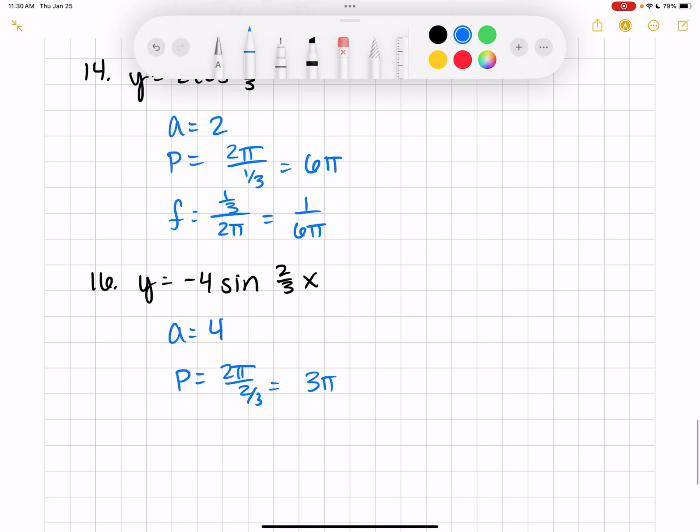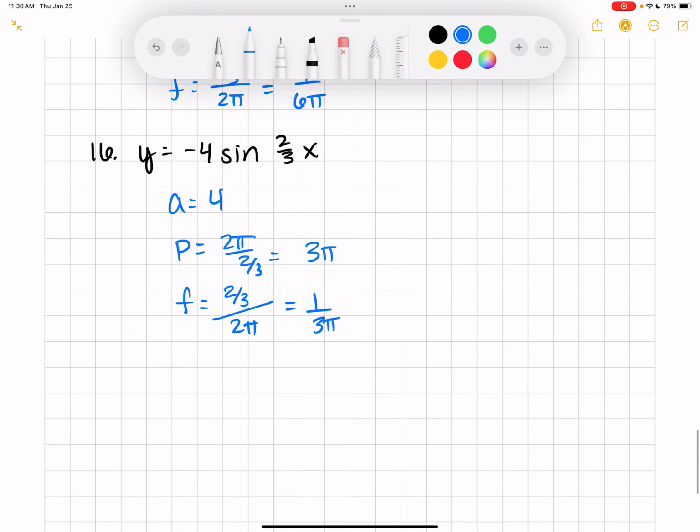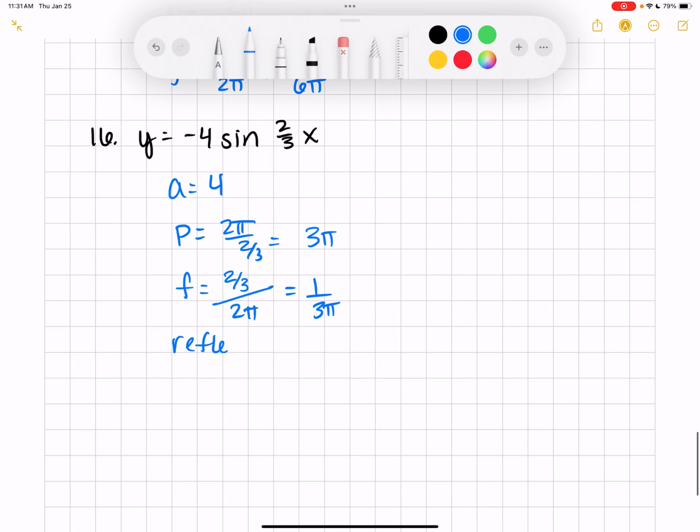So frequency would be 1 over 3 pi. I'm going to write it out so Virginia can see it. What else do I know about this? It's reflected. Not that they asked, but it's good to point it out.